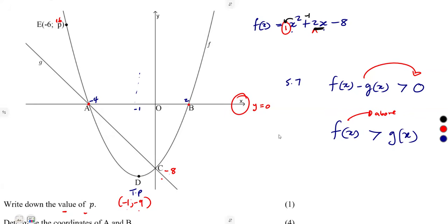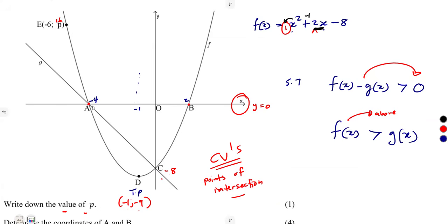So what is needed in our case are the critical values where we can compare our graph to say this one is above or not. The critical values in this case will be the points of intersection. Those are the critical values.